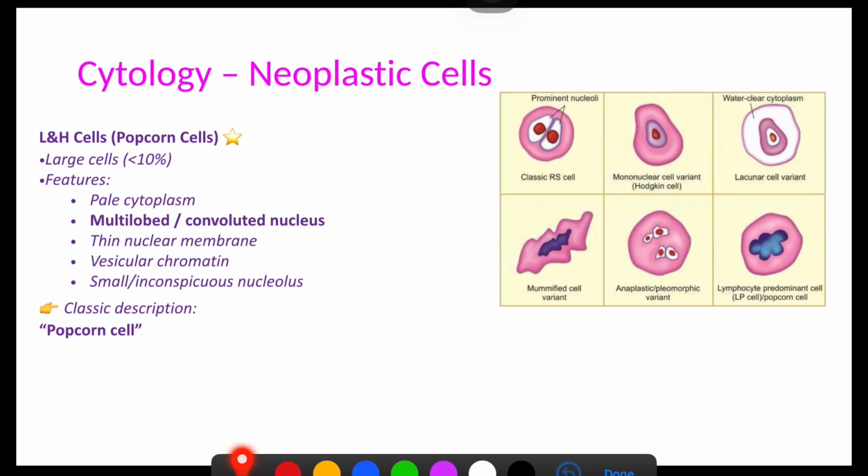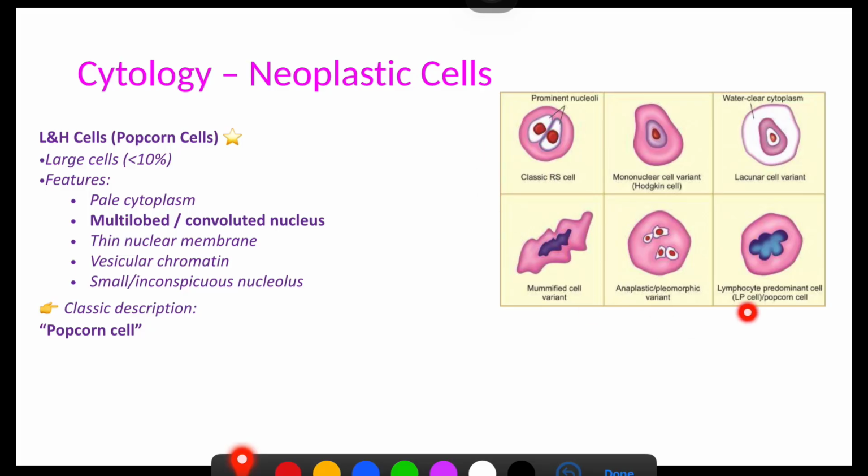Cytologically, if we see the neoplastic cell, it is called an LNH cell or popcorn cell. Here you can see the lymphocyte predominant pattern where you find this type of popcorn cells having pale cytoplasm, multilobed convoluted nucleus, thin nuclear membrane, vesicular chromatin, and small inconspicuous nucleolus. So the classic description is popcorn cells.